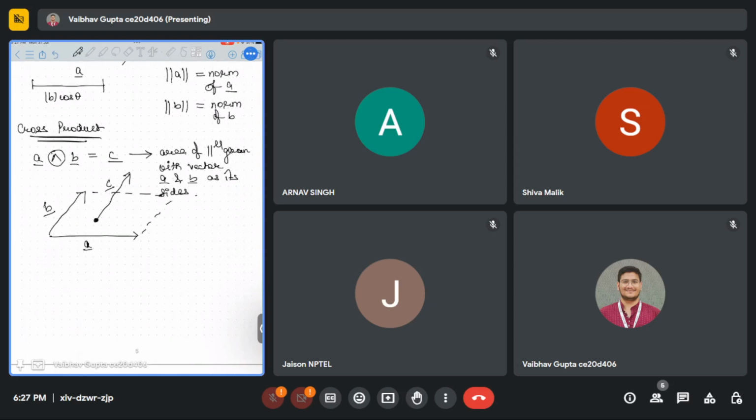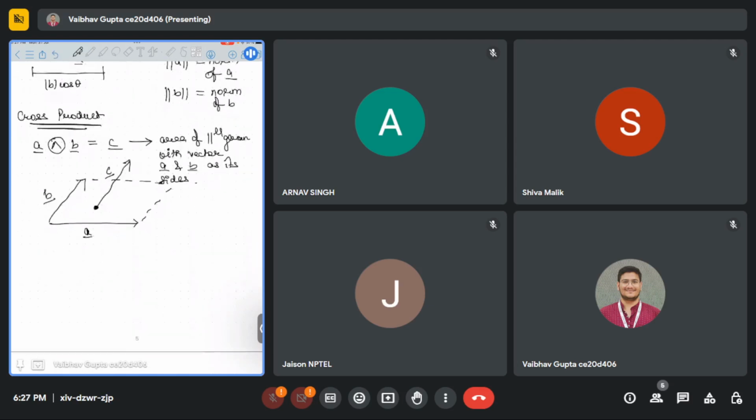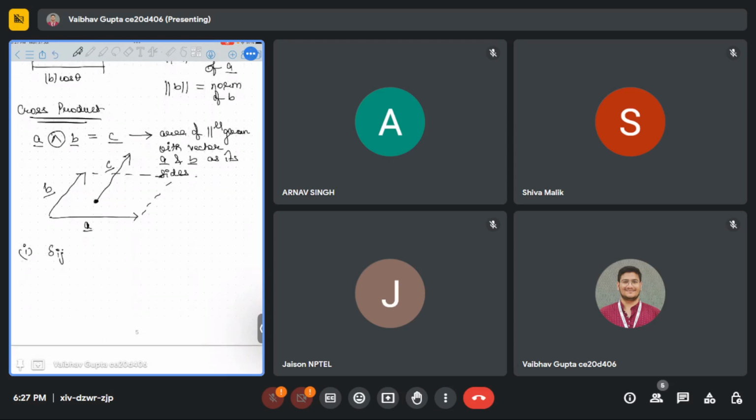Now in mechanics, for dot product and cross product, we'll be using two symbols. First is delta ij, and second is epsilon ijk. This is known as Kronecker delta.